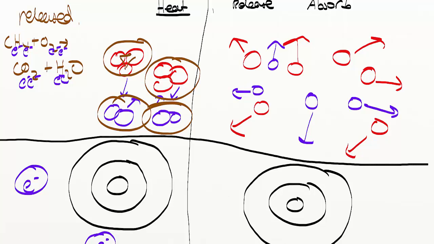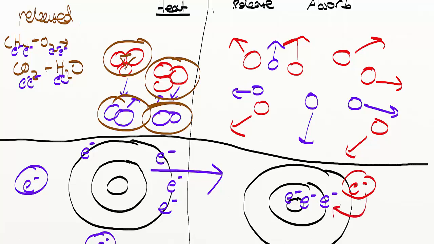So if, for example, the reactants had an electron configuration where electrons were in high energy states, and when these electrons were converted into the products, the products had the same electrons in low energy states, what would have happened is that as the electrons went from a high energy state up here in the outer shells down to the low energy state, it would have released that amount of energy.